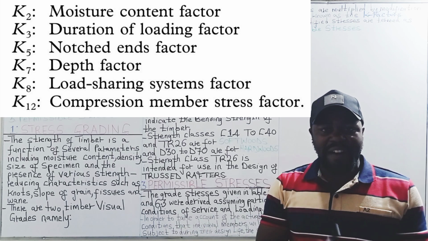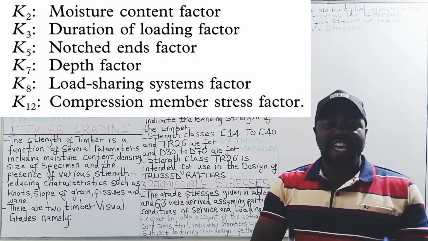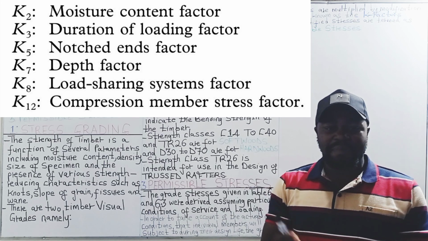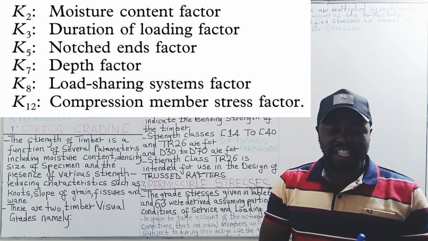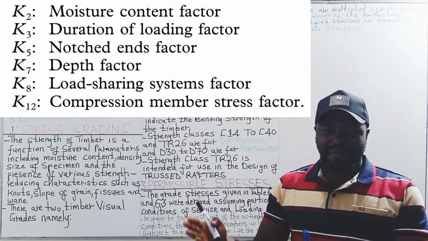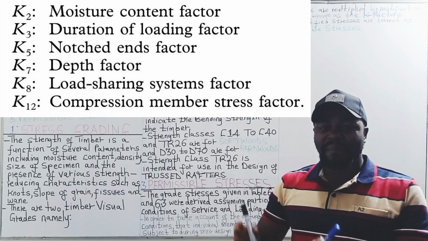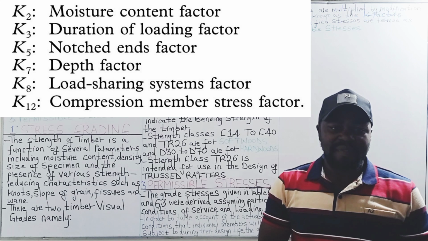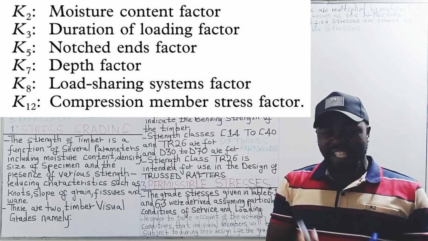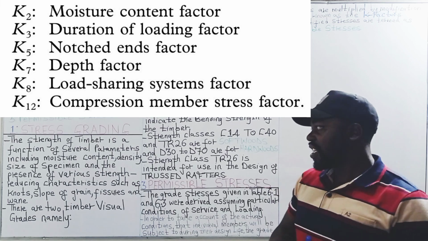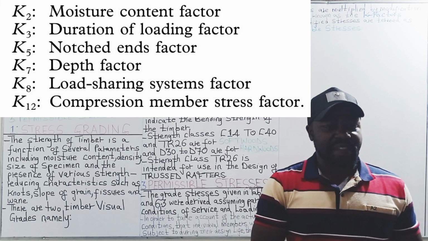K5, the notched ends factor. K7, the depth factor. K8, the load sharing systems factor. And K12, the compression member stress factor. So those are the six K factors that we shall be using in our design in this topic.